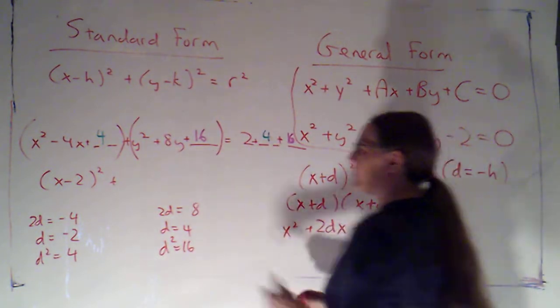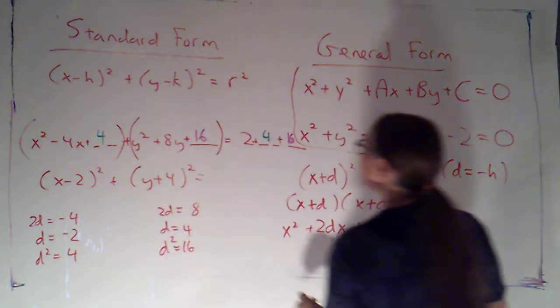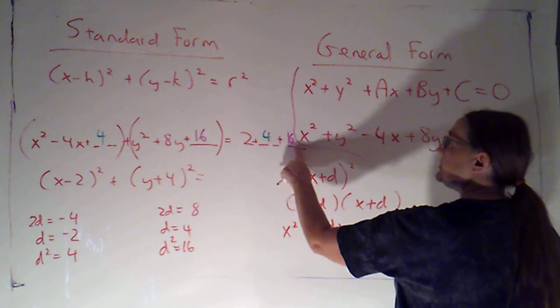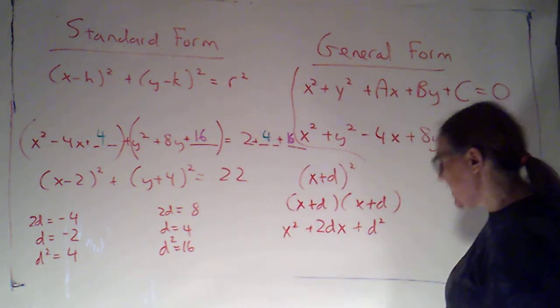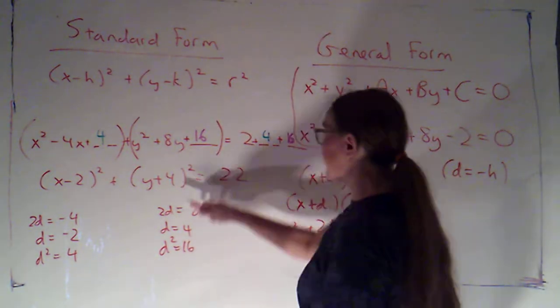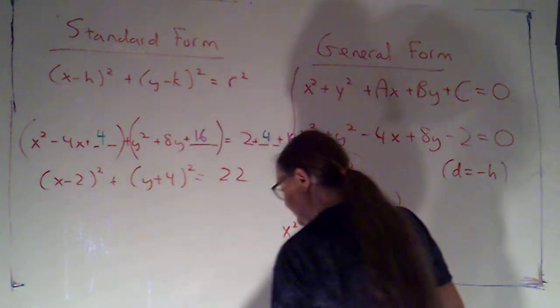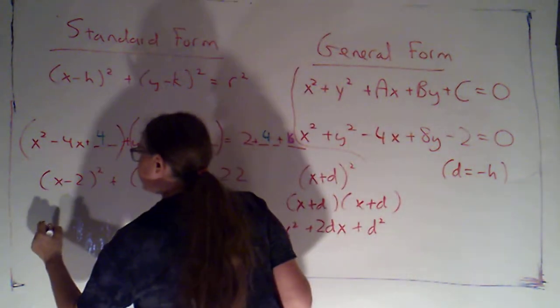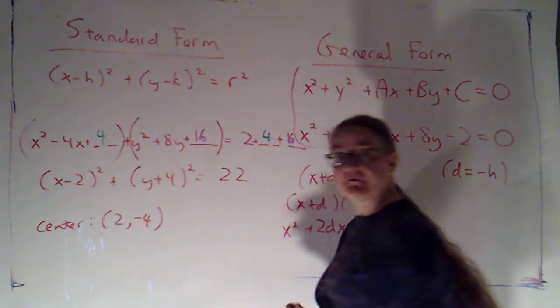This d was 4, so that's y plus 4 squared, equals 2 plus 4 plus 16, which is going to equal 22. So now I can see, because I've put this into standard form, that this is in fact a circle. The center is at 2, negative 4.